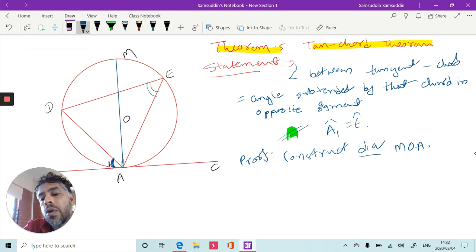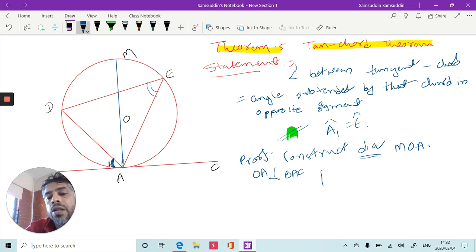The moment I talk about the diameter, it tells me two things. First, it involves the radius. When I'm talking about the radius OA, I know the radius is perpendicular to a tangent. That tangent is BAC.